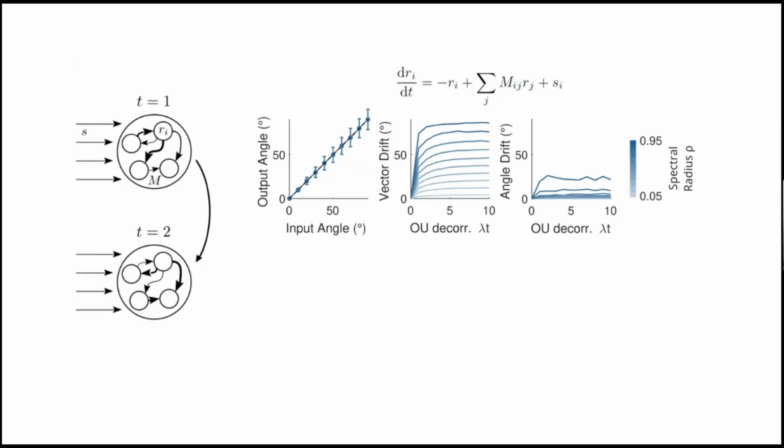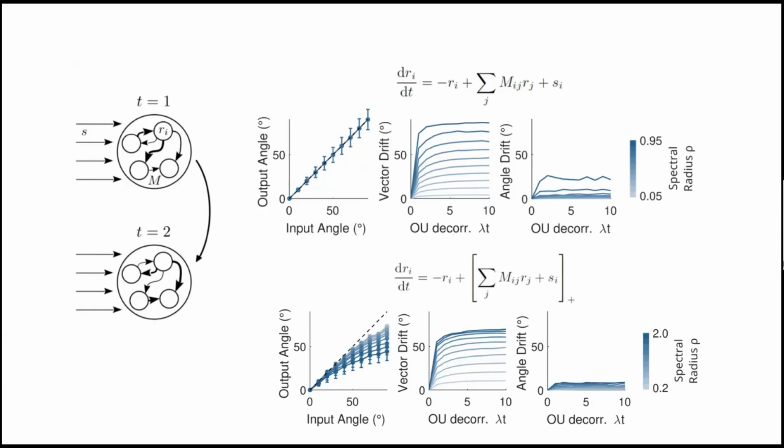In any case, whatever the spectral radius is, you can see that the amount of overall rotation is always much larger than the change in similarities, meaning that once again, this neuronal manifold is maintained. You can add a nonlinearity. Here's a rectifying nonlinearity, and you achieve the same result, even cleaner in this case.